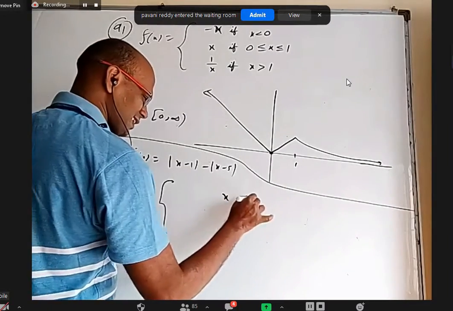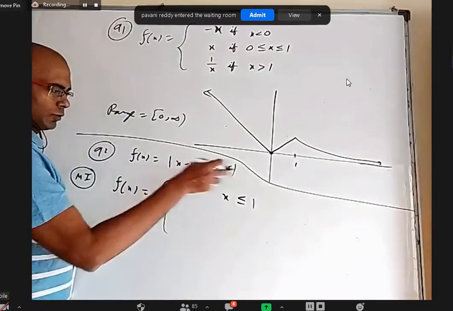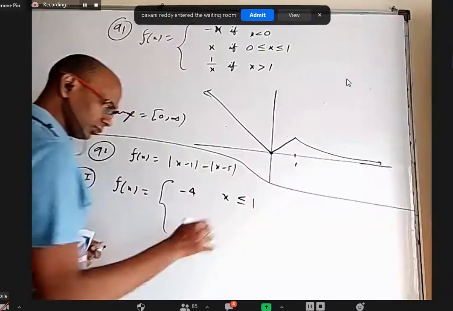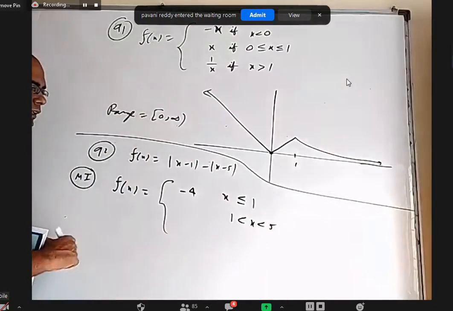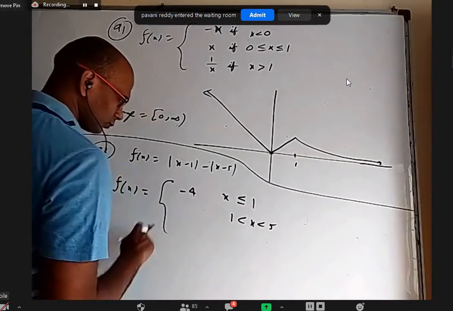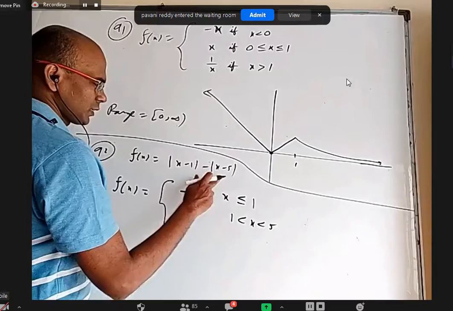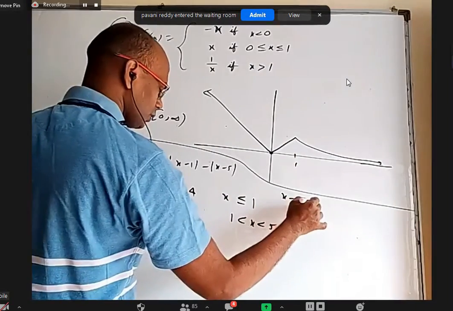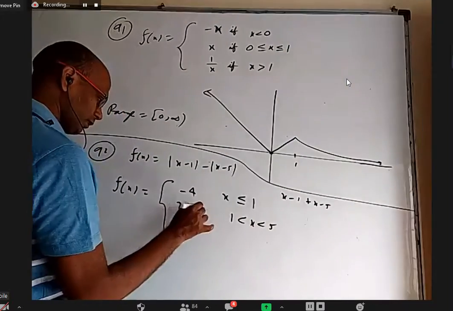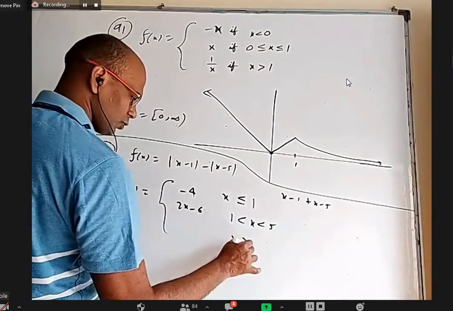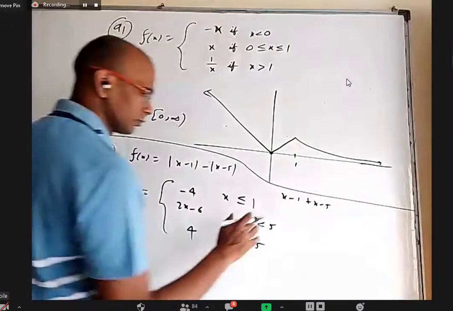When x is less than or equal to 1, when you remove mod, you will get minus 4. For 1 less than x less than 5, this is positive but this is negative, so I'll get x minus 1 plus 5 minus x... that is, 2x minus 6 will come. And when x is more than 5, it will be 4.